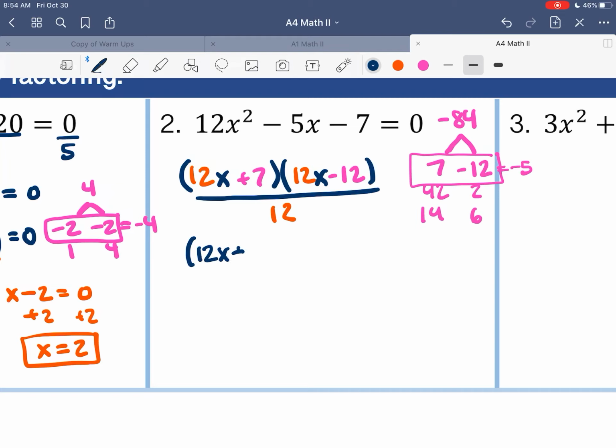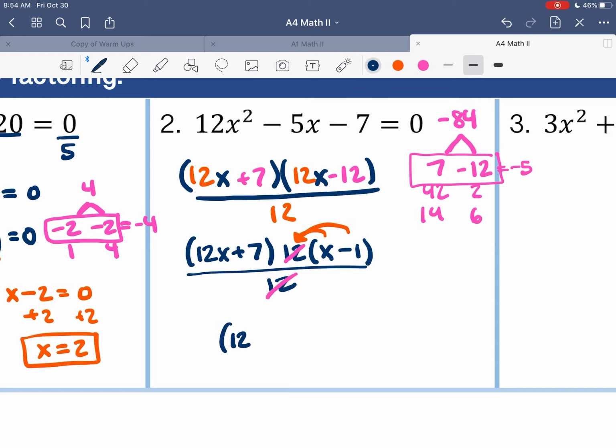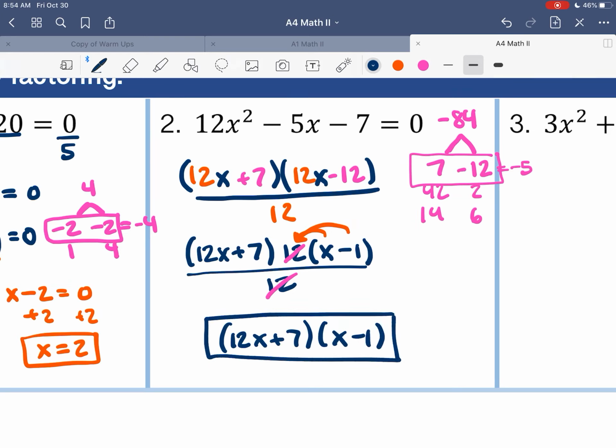So we're going to factor out, the first one will stay the same, 12 and 7 have nothing in common, but this one can be factored out, a 12 can be factored out of that one, which is super great because it cancels out this 12 on the bottom, and we're left with 12x plus 7 and x minus 1.